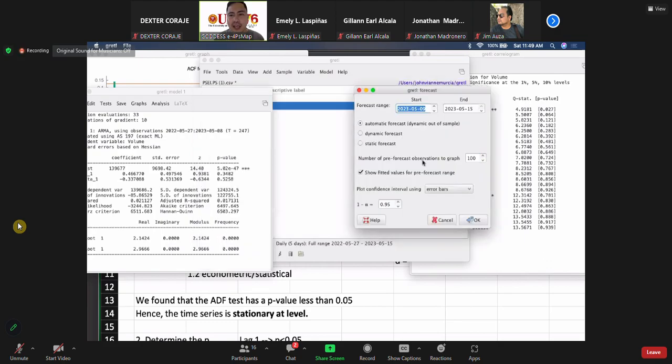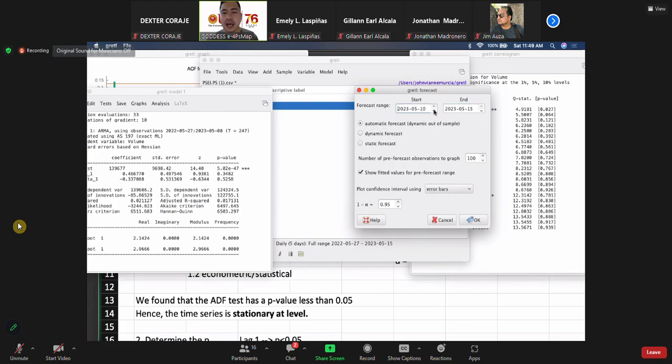Click OK. Tapos, naka-define na no that you would be forecasting the time series, the data of the stock market from May 9 to May 15. Kasi May 8 ang last ano ng work. Okay? I'm sorry. It's not May 9. May 15.